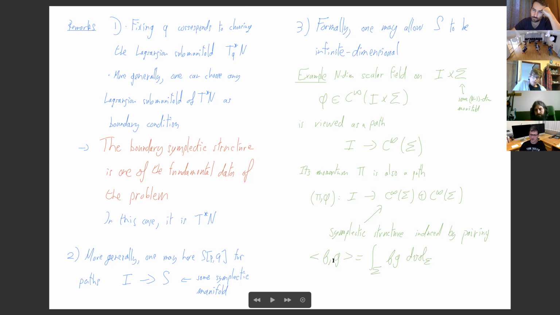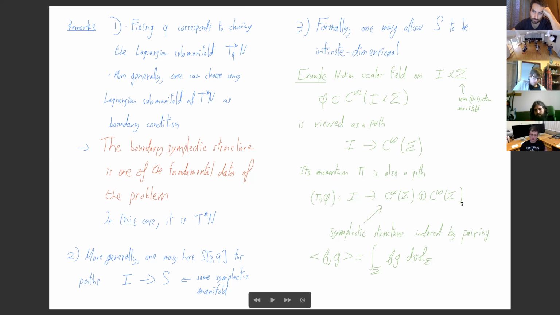This is a non-degenerate pairing. And then by taking essentially the skew symmetrization of this pairing over here, you get a symplectic structure. So this is the analog of the canonical symplectic structure on the cotangent bundle of Rn. But now Rn is replaced by this infinite dimensional space. Okay, so now you have rephrased the scalar field as mechanics, classical mechanics, with target this infinite dimensional symplectic manifold.